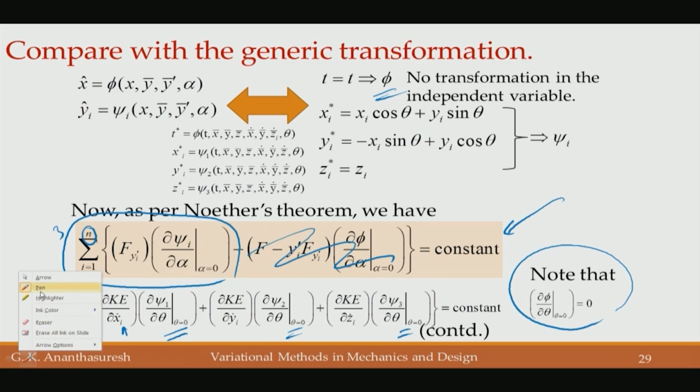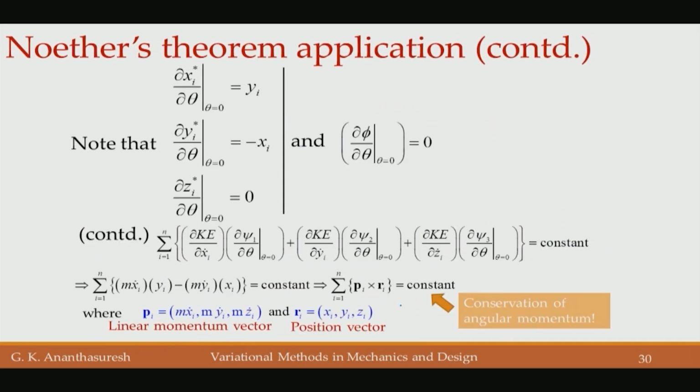Let me just say that this is not really 3, we have n particles, but 3 functions x1 of t, y1 of t and z1 of t, and that is again split here separately, each of them separately. If you substitute these things using this transformation, we also note that dou x star by dou theta at theta equal to 0 is yi.